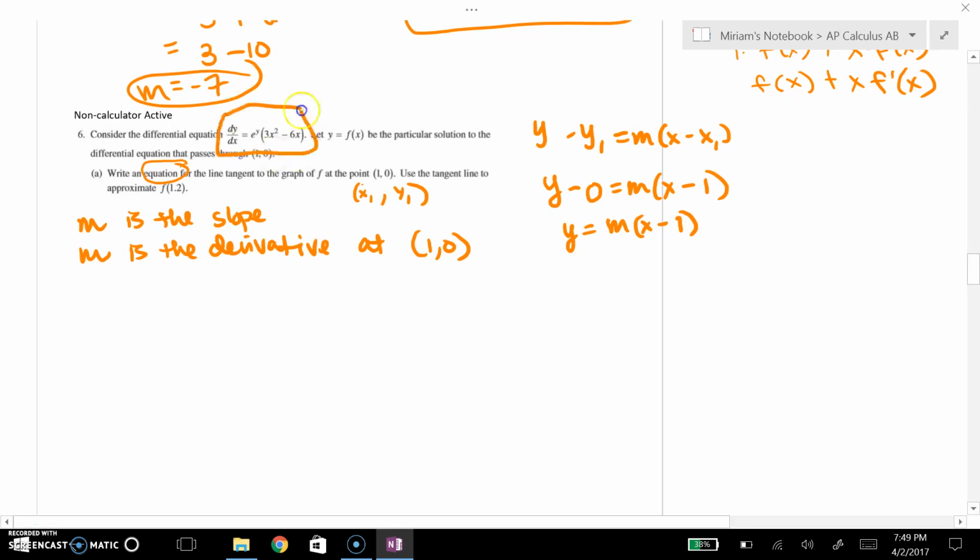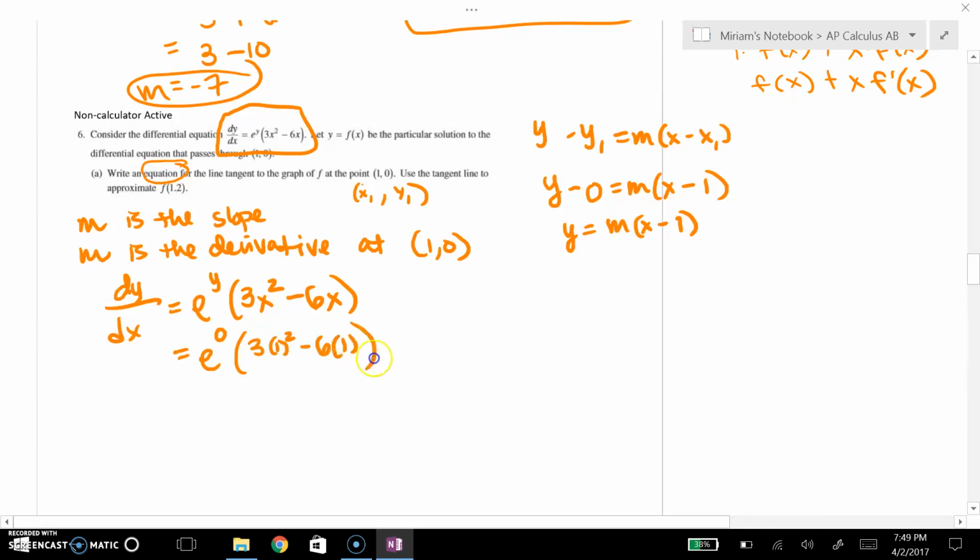It is right here. This is the derivative equation. All we need to do is get the specific value of that derivative at (1, 0) by plugging in. Take a minute, make sure you know where these numbers are coming from.